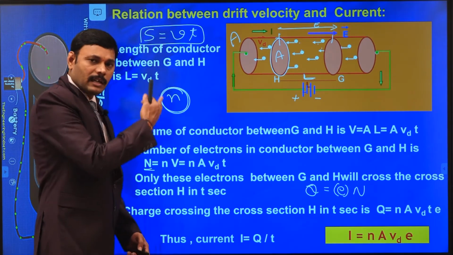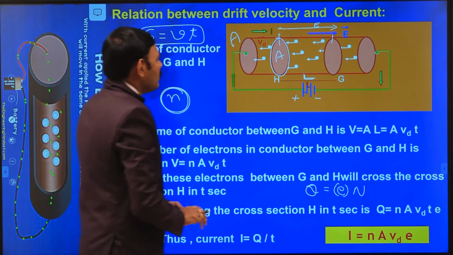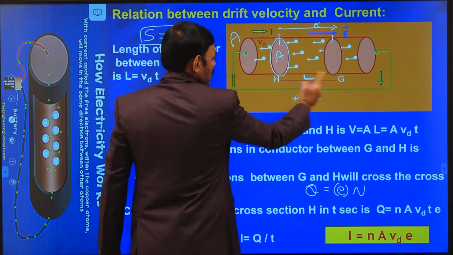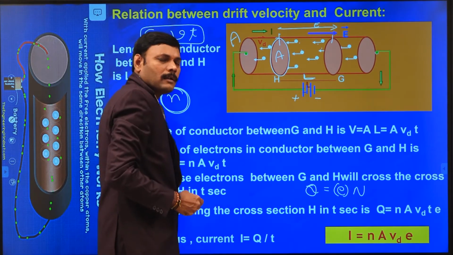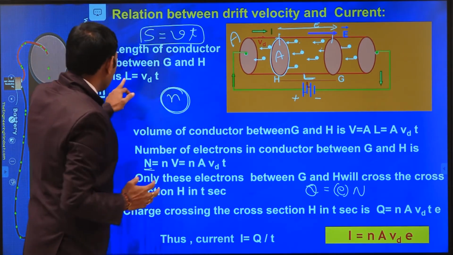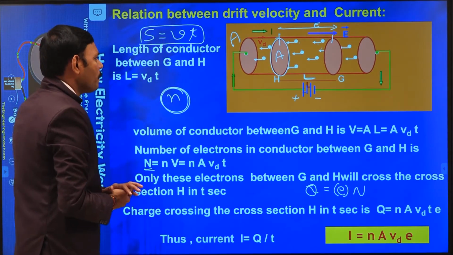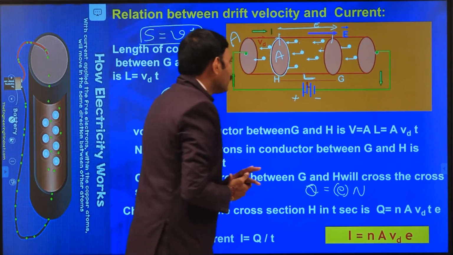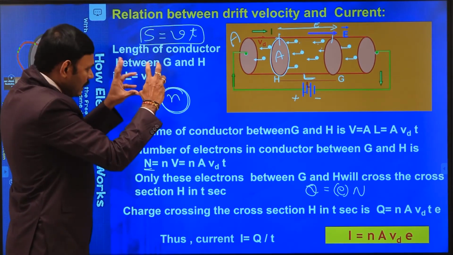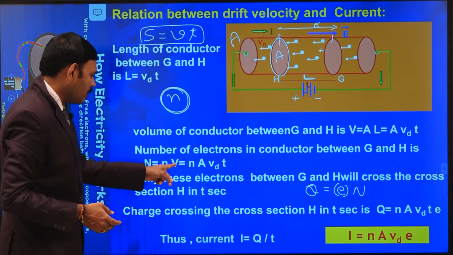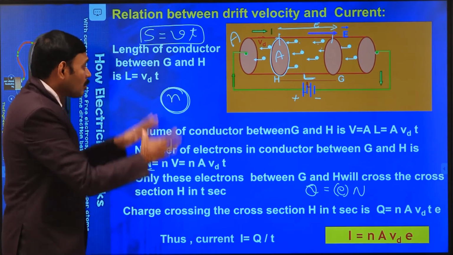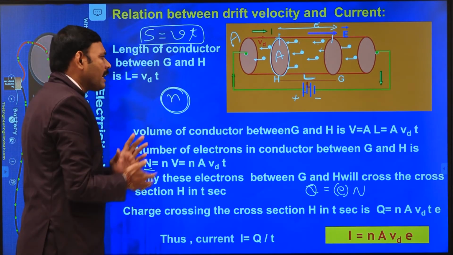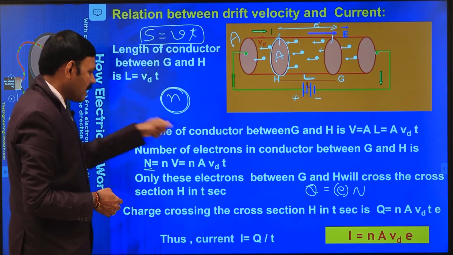Let me make a quick revision of this expression. We consider the GH part of volume in the given conductor. The time taken by the electrons to travel from G to H is T. Then the displacement from G to H is L, equal to velocity into time, Vd into T. Then the volume from G to H is area into length, so A into Vd into T. The number of electrons in that volume is n into volume, so n A Vd T. The total charge that crosses G and H in the given time is the number of charges into the charge of each electron.